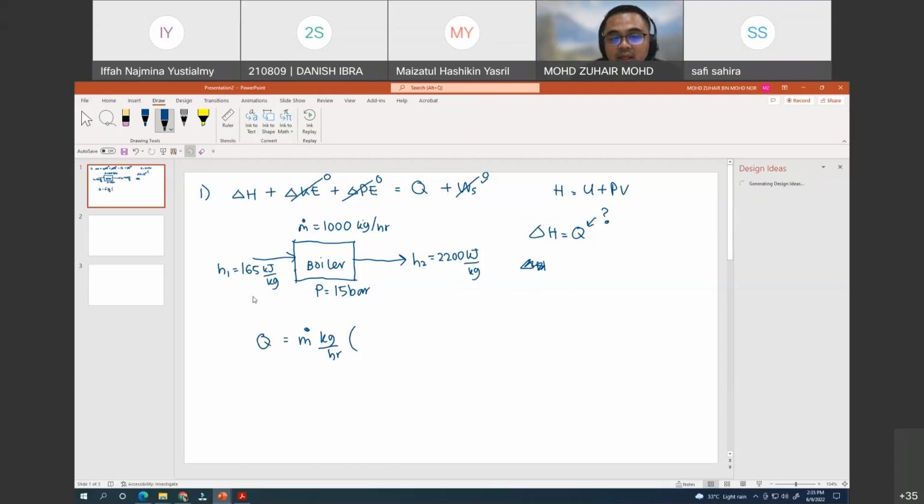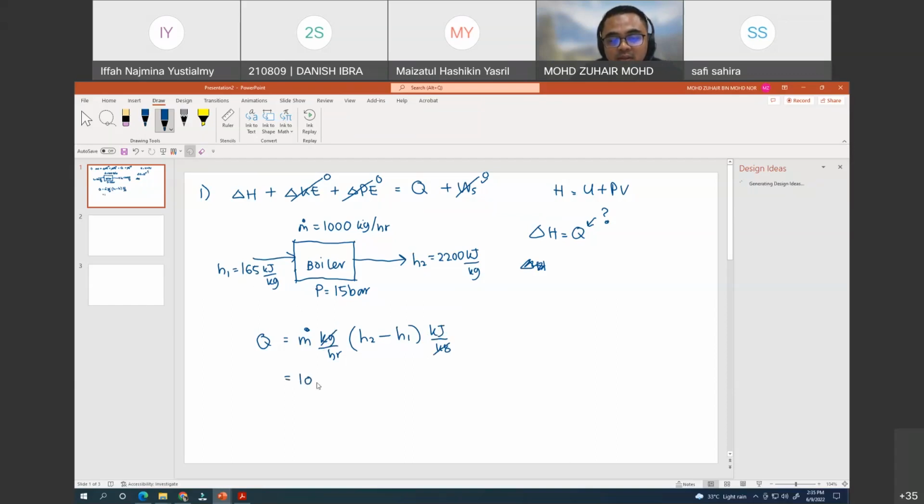And then h2 minus h1, which is in kilojoule per kg. So at the end, it cancels, we're going to get kilojoule per hour. Okay, so just put in all the values.